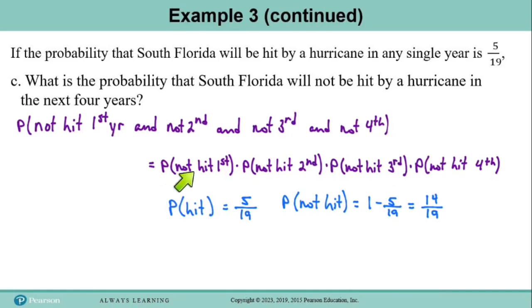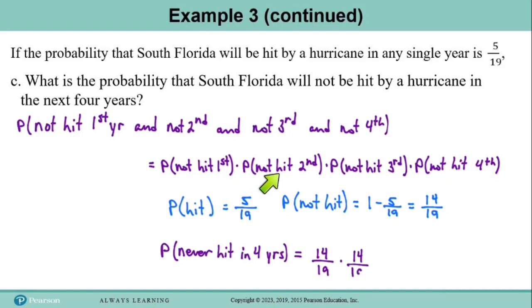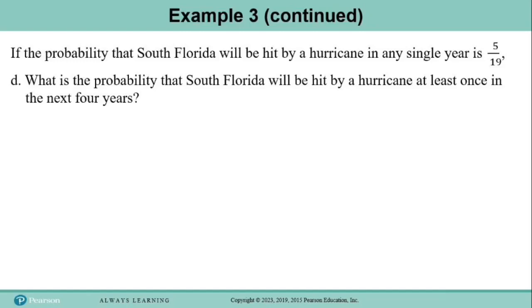The probability that they're not hit the first year is going to be 14/19, and then that's times the probability that they're not hit the second year, which is 14/19, times 14/19 for the third year, times 14/19 for the fourth year, and that gives us a decimal approximation of 0.295.